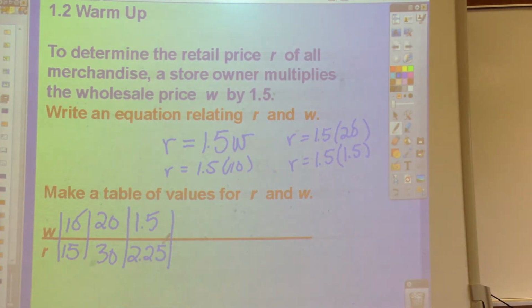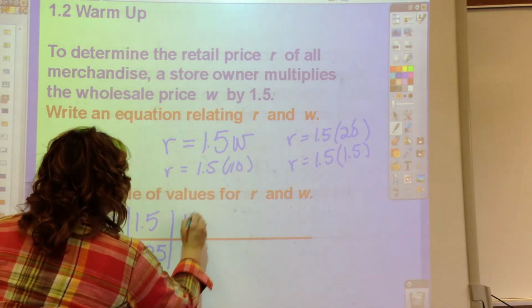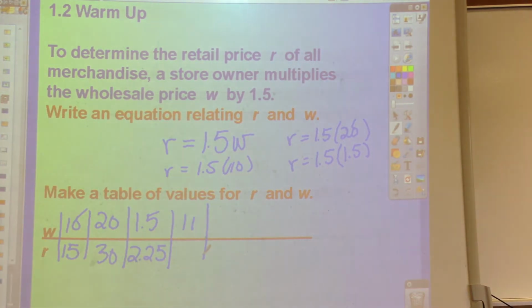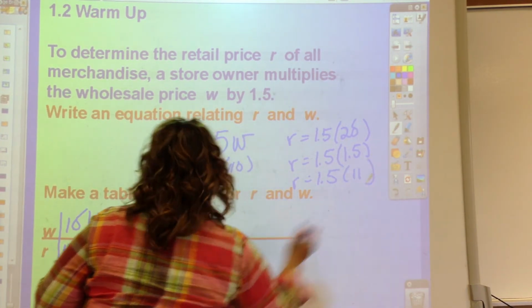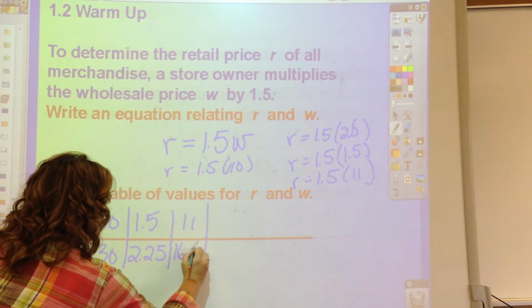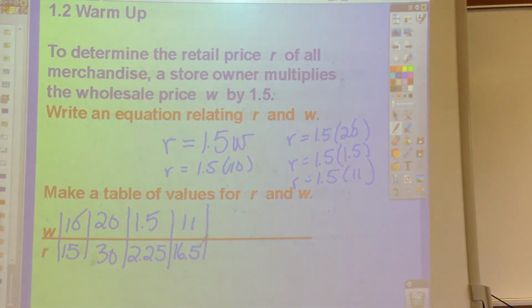I'd like you to try this next one on your own. Plug in 11 for W and see what you get back for R. I get 16.5, and hopefully we agree. Now at this point, please note that W is your independent variable.